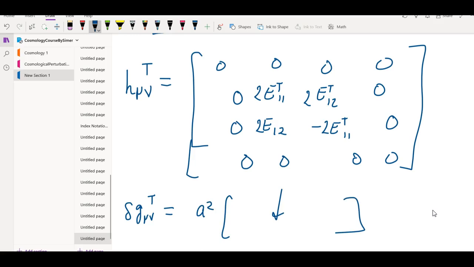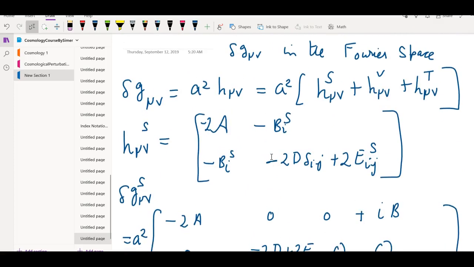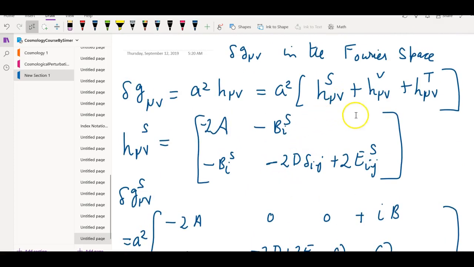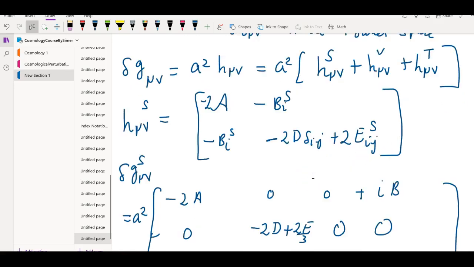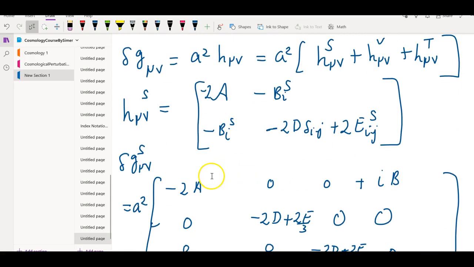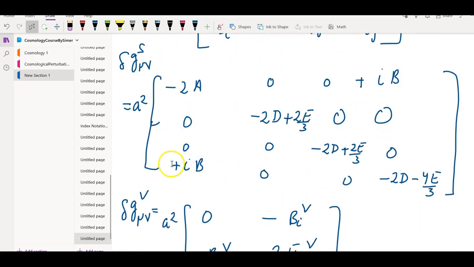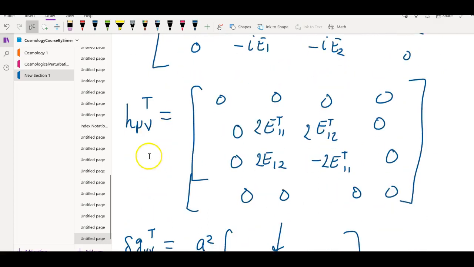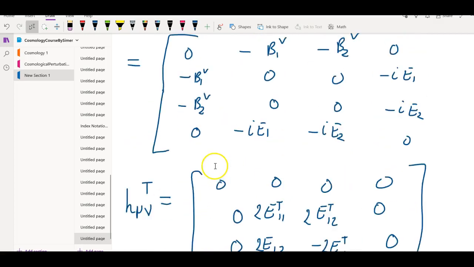So by decomposing a vector into scalar and vector, a tensor into scalar, vector and tensor, we have been able to separate the three modes, as you have seen in this video, so that the three modes are now delta G mu nu scalar, delta G mu nu vector and delta G mu nu tensor. These three modes are separated from each other.